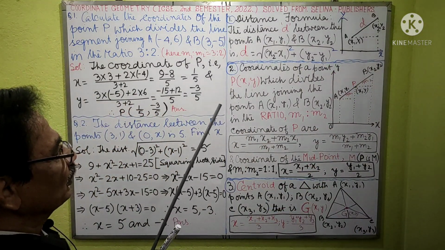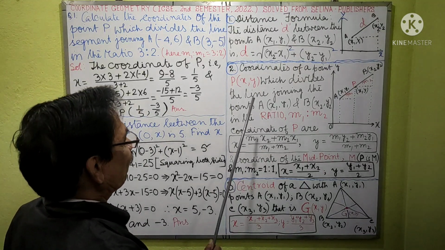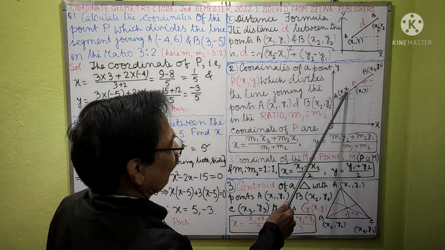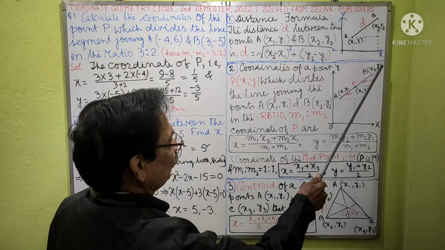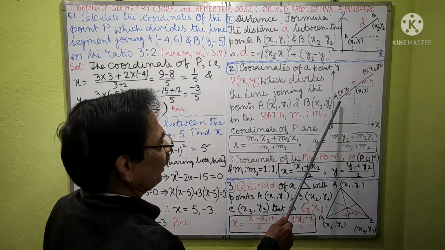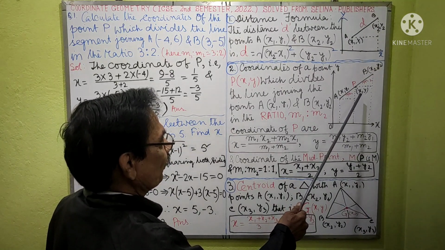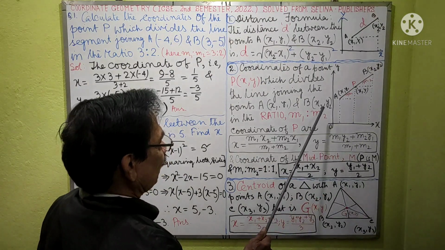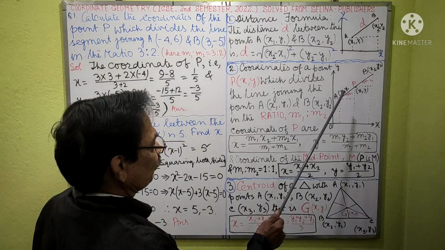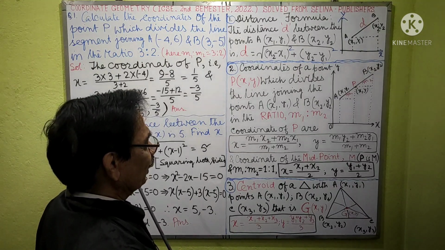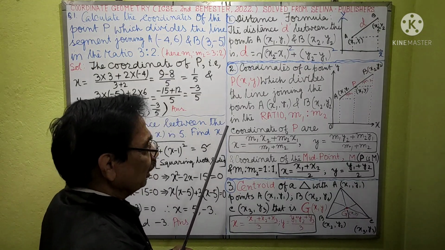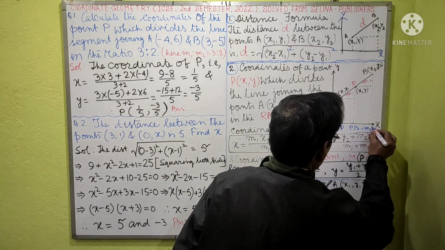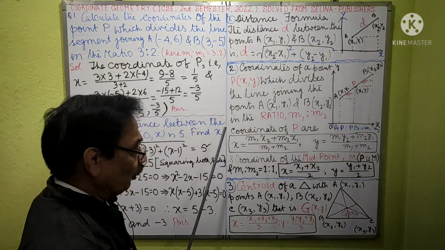Next is the coordinate of a point P which divides the line joining the points A (x1, y1) and B (x2, y2), where P is a point between A and B. We have to find out the coordinate of P, which is (x, y), when AP is to PB, that is AP equal to m1 and PB equal to m2, so AP is to PB equal to m1 is to m2.